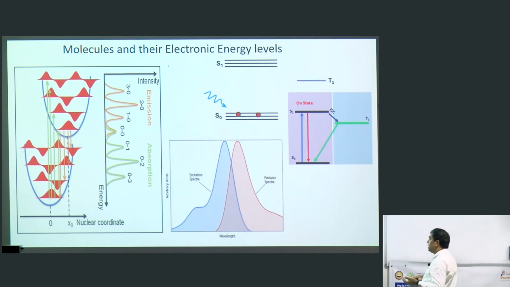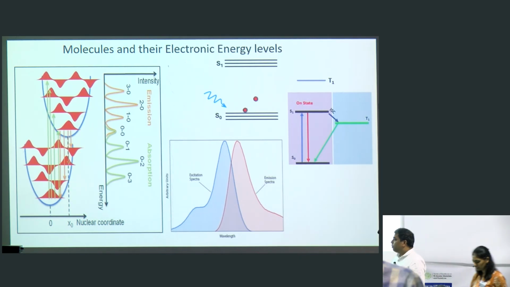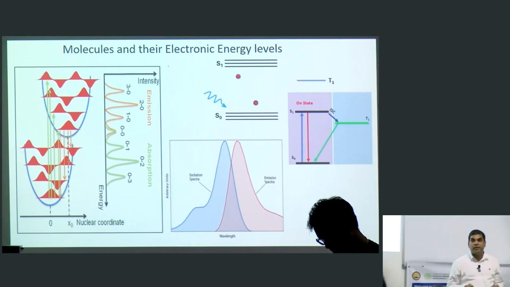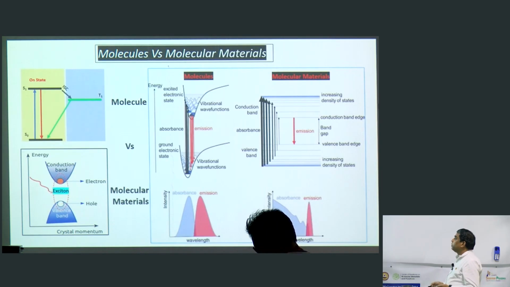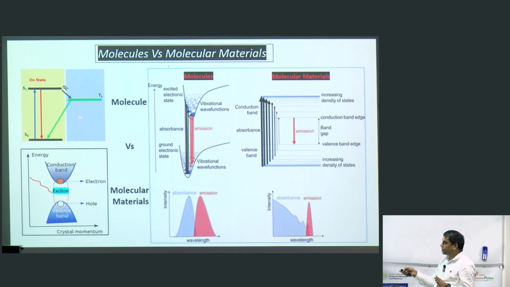What are the possibilities? If we come to molecular materials, like nanoclusters as well as different types of quantum dots or several other dot materials which fall under the definition of quantum confinement as well as molecular materials, these energy levels are modified. For molecules we have S0, S1, T1, a very simple Jablonski diagram with simple electronic excited states.